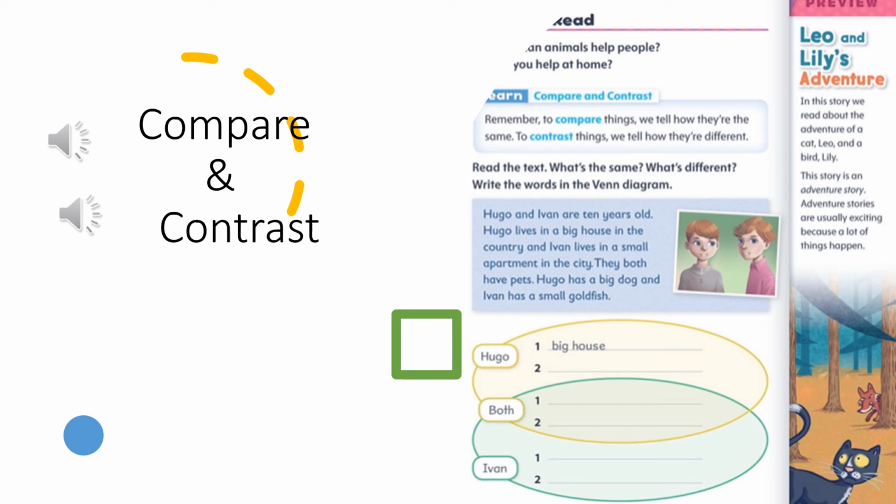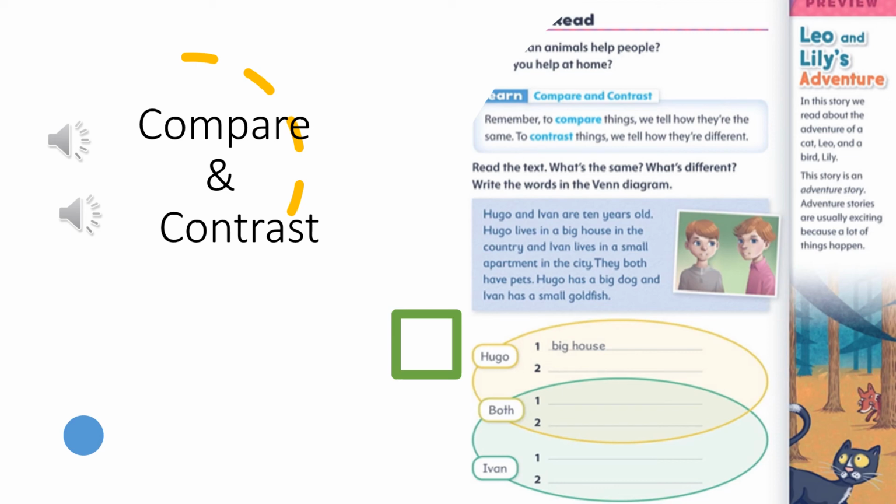Okay, let's read the next line now. Hugo lives in a big house in the country and Ewan lives in a small apartment in the city. So is this the same in both or different? Yes, different. So we will fill up the Hugo and Ewan columns. Where does Hugo live?